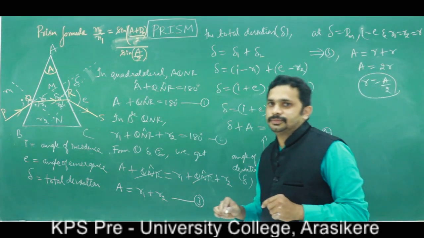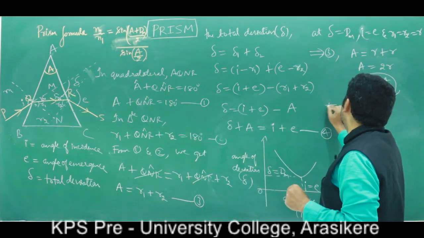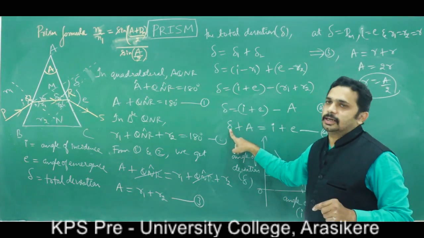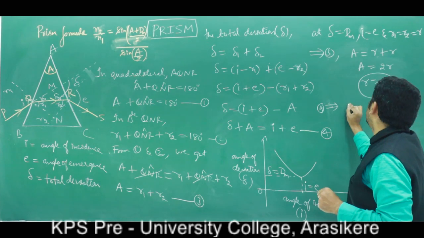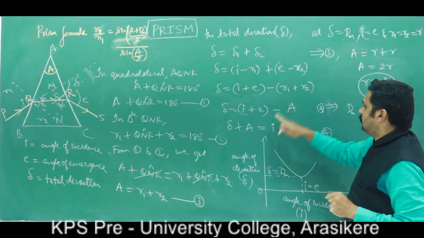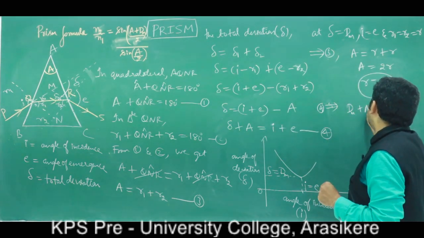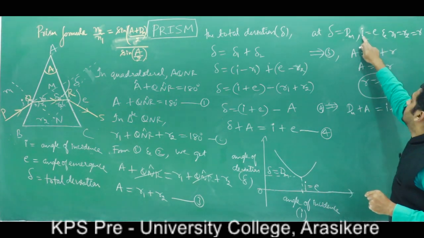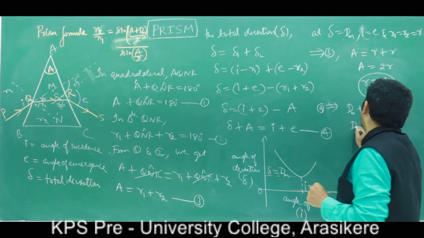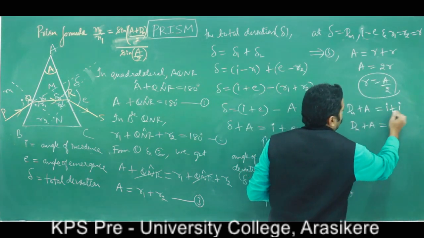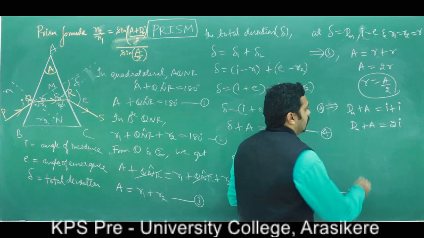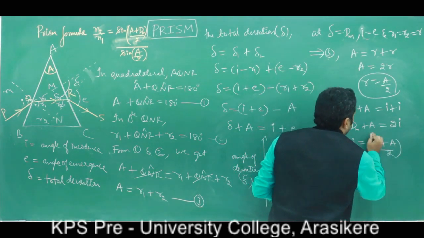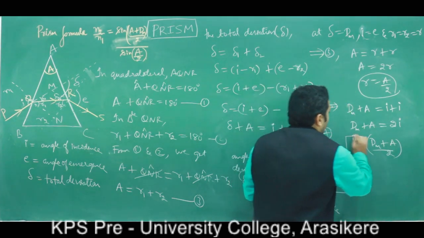We got R. Now equation 4: in the place of delta I am writing dm, so dm plus A is equal to I plus E, and E can be written as I. So dm plus A is equal to I plus I, which is 2I. Therefore I is equal to dm plus A by 2. We got R and I.